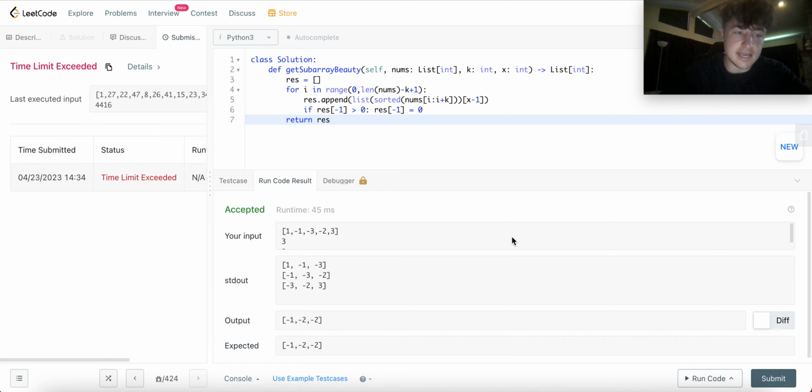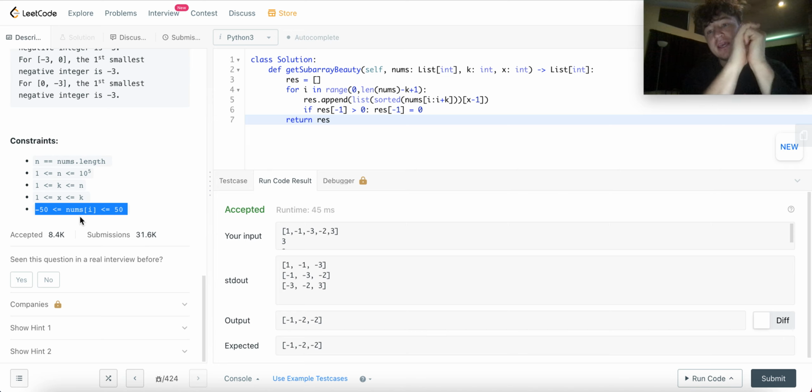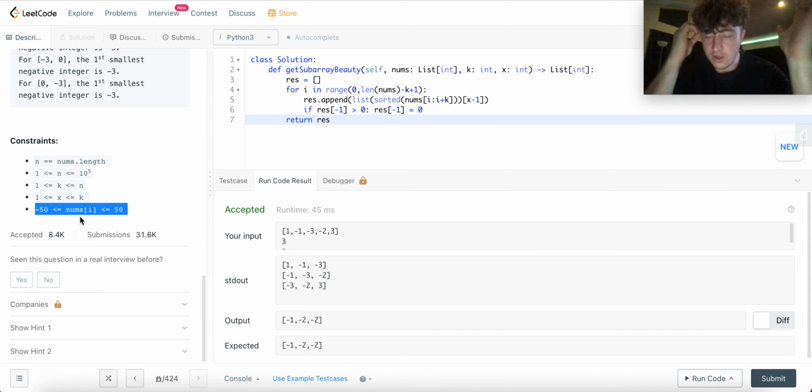So instead what we can do is, let's look at this constraint. We know that nums[i] can only be between -50 and 50. I don't know if you're familiar with this idea of bucket sorting.